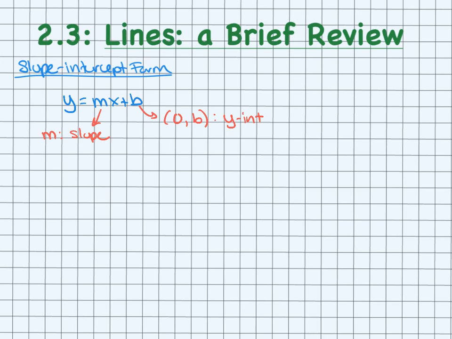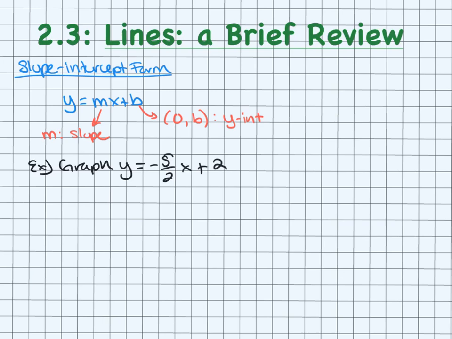So, for example, if we had to graph, let's say y equals negative 5/2 x plus 2. It's already in the slope-intercept form.